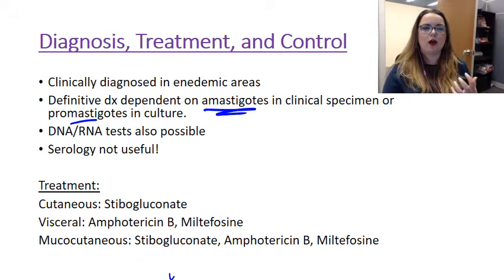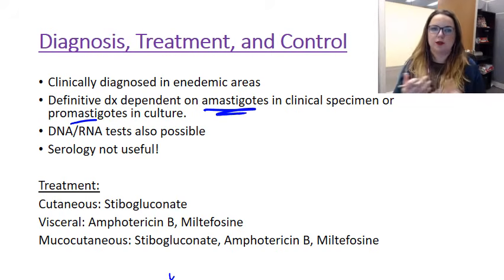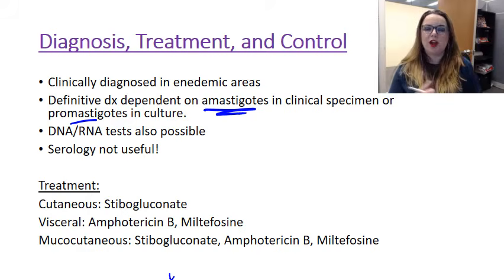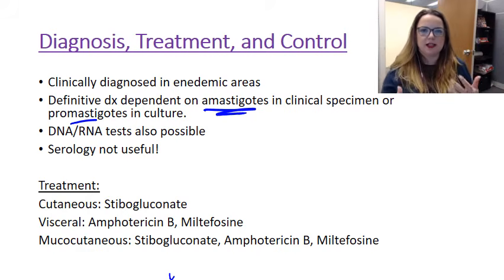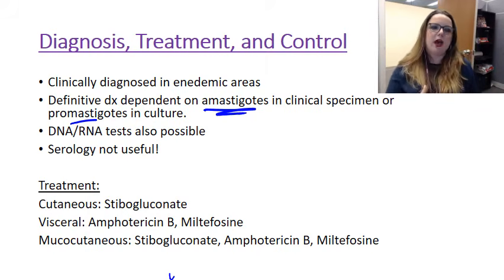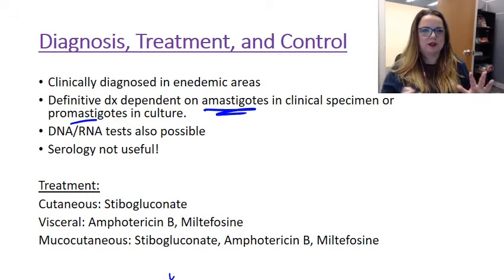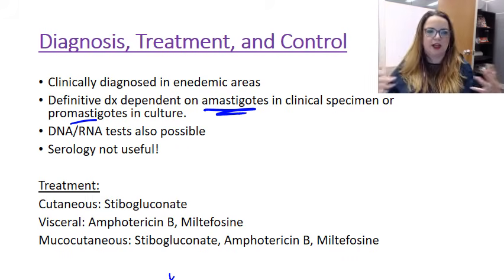So there are a lot of varieties of tissues that you could potentially use. You can look at things microscopically, you can do culture. There are also DNA and RNA techniques, but those tend to be a little bit expensive. Serologic tests don't tend to be useful. There's a lot of different exposure to this, so they're not a good indicator.